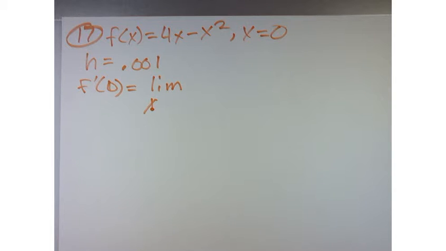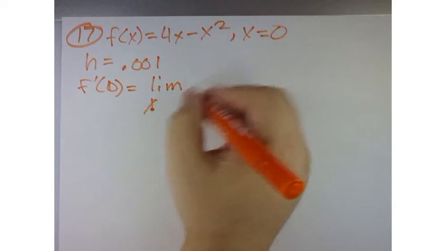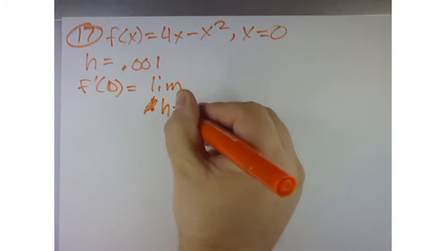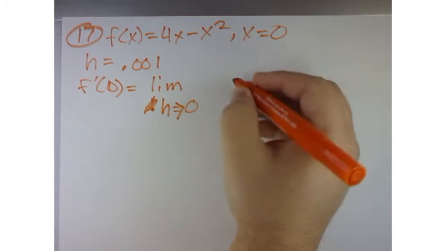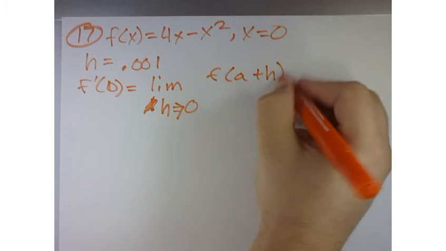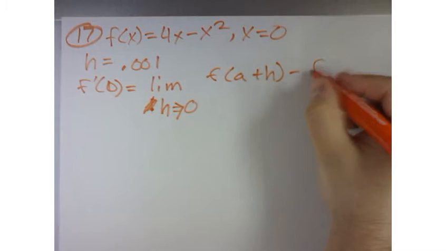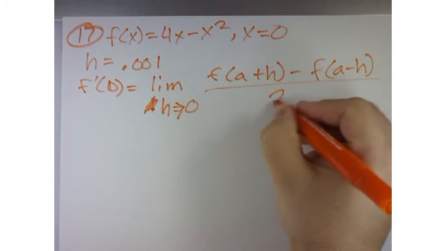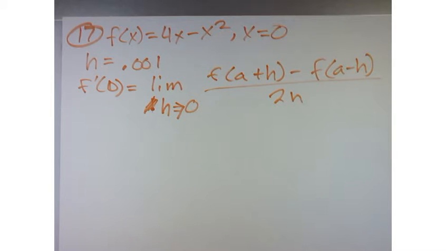So what we could do, we would say as h approaches 0 of f of a plus h minus f of a minus h all over 2h. Okay?